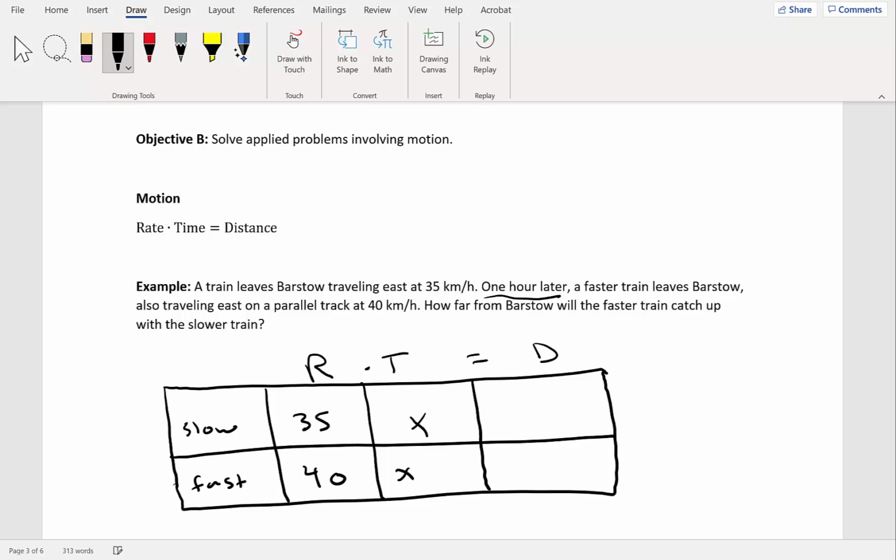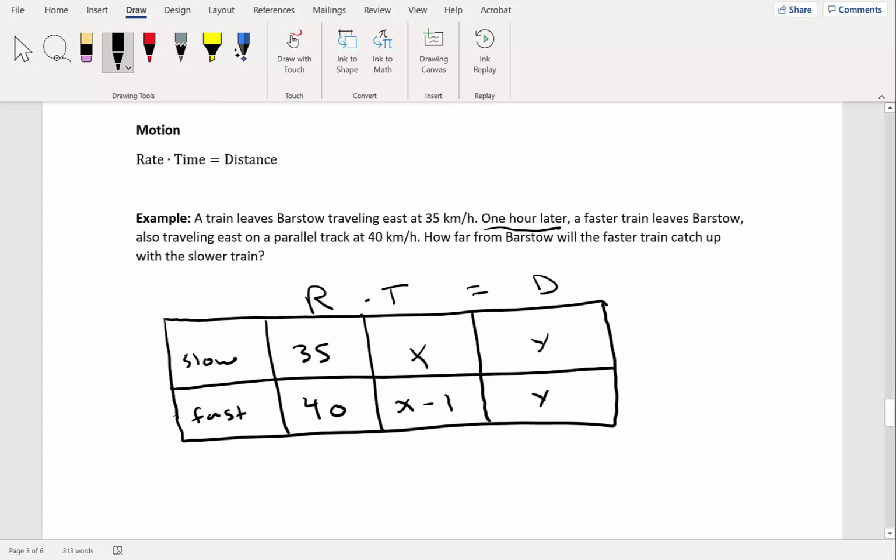So that means that the faster train would be x minus 1. And now the distance for each one, since we're going to use two variables, the distance that they traveled has to be the same. So in order for the two trains to catch up with each other, the two distances have to be the same. So each one is going to be y.